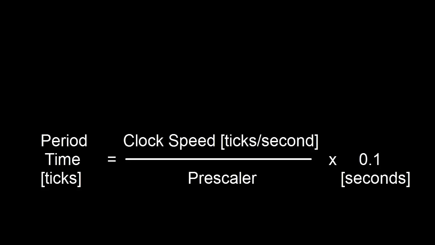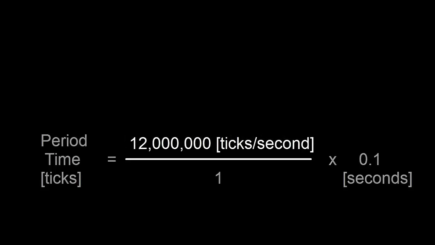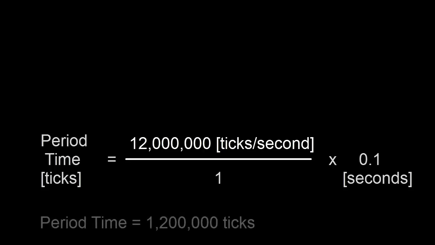But we only have a limited number of options for the prescaler, and we know that the period time in ticks has to be less than 65,535. So let's start with the prescaler of 1 and see what value we come up with. 12 million divided by 1 is 12 million. When we multiply that by 0.1, we get a period time of 1,200,000.